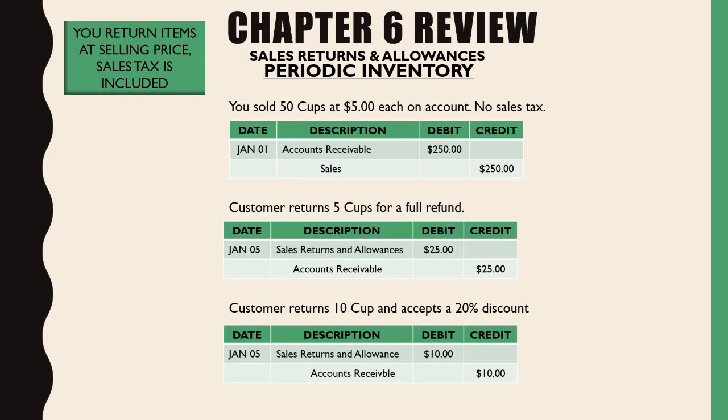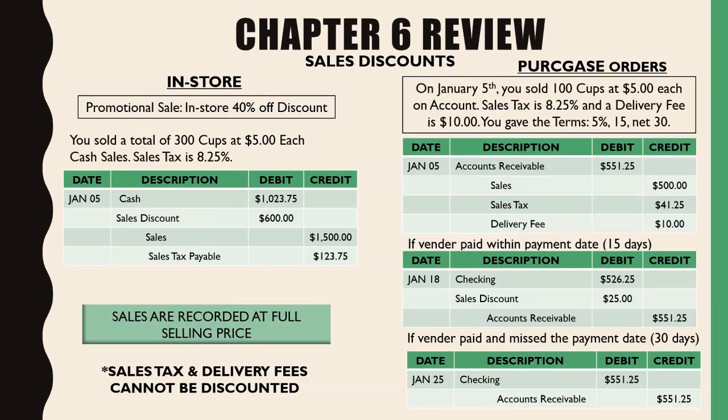Okay. So course review here: today we talked about how to deal with sales. We talked about what happens when we record a sale. We talked about what happens when a customer decides to return something, so we looked at returns and allowances. And we also looked at two different types of discounts.